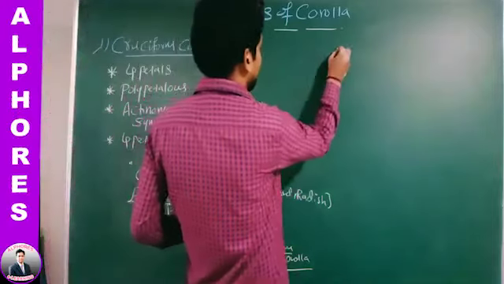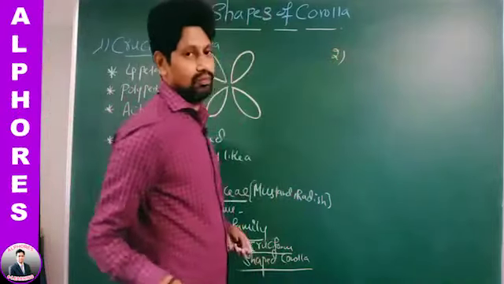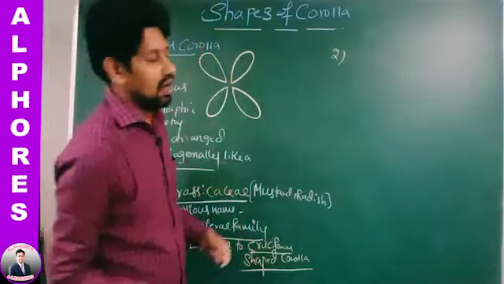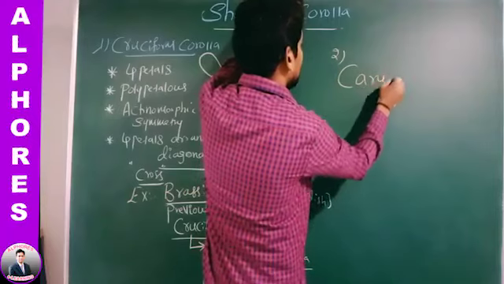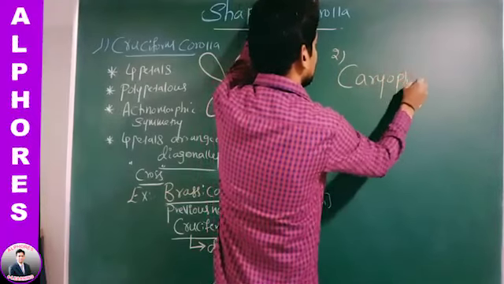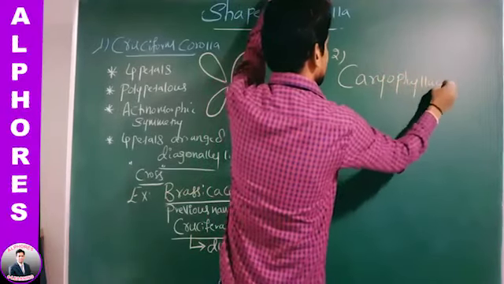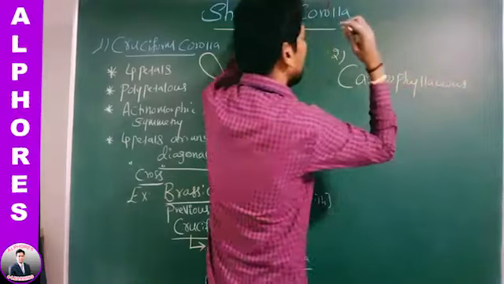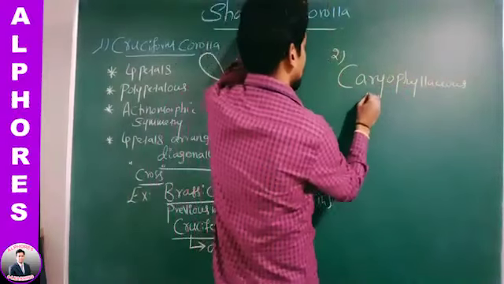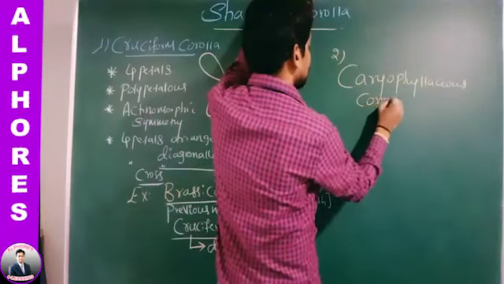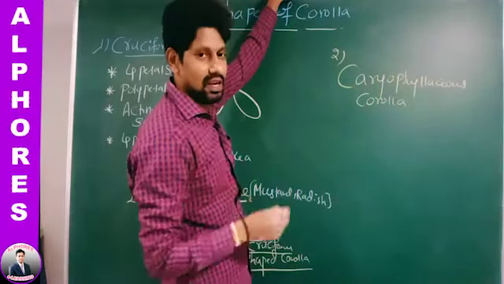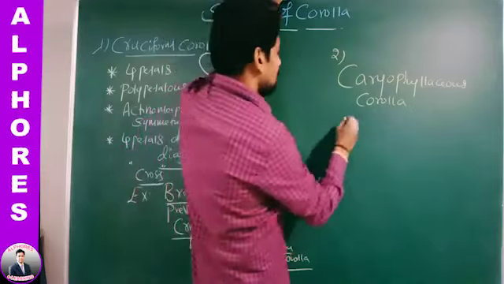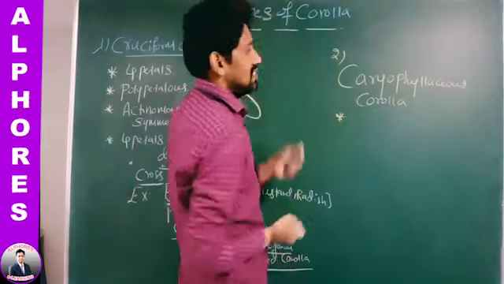Now go for number two, the second one. We are discussing shapes of corolla. Number two, caryophyllaceous corolla. Here, how many petals are present?